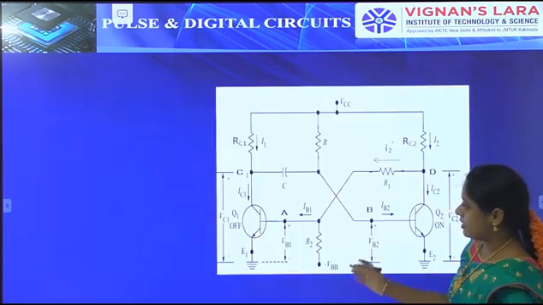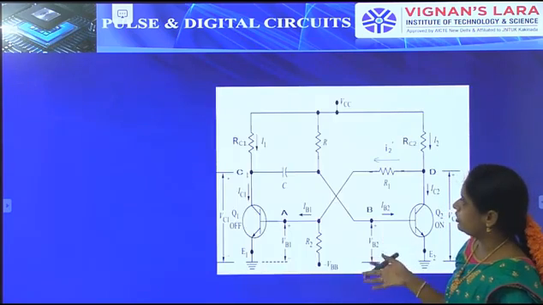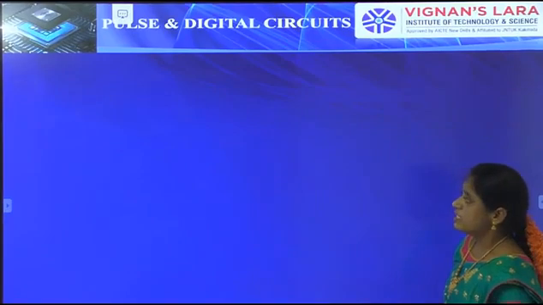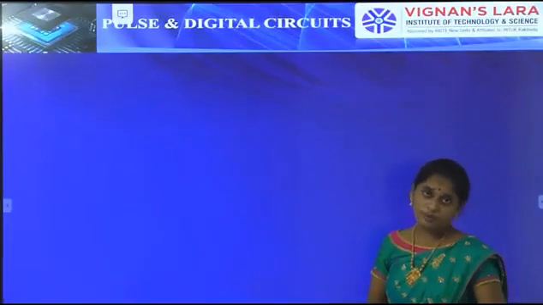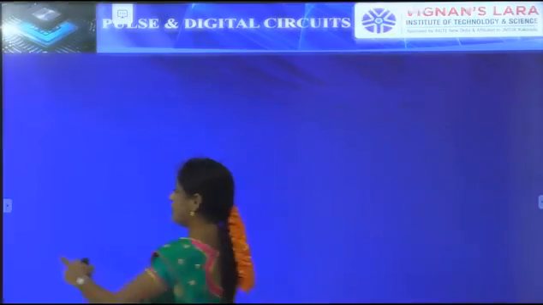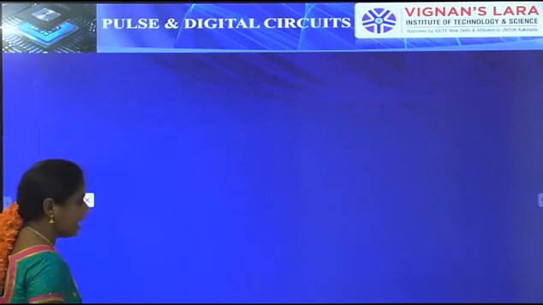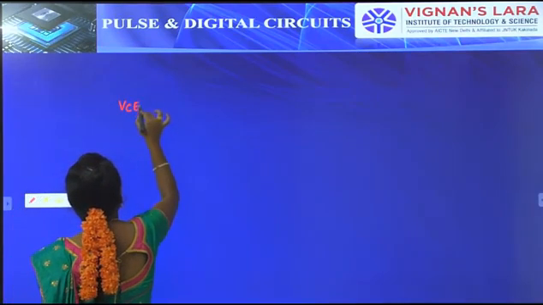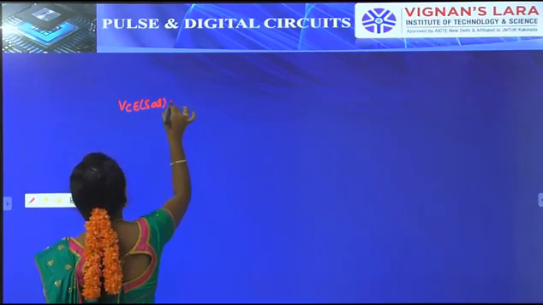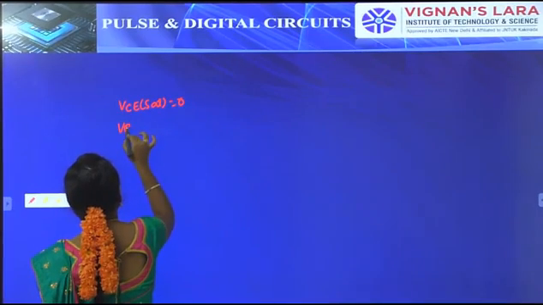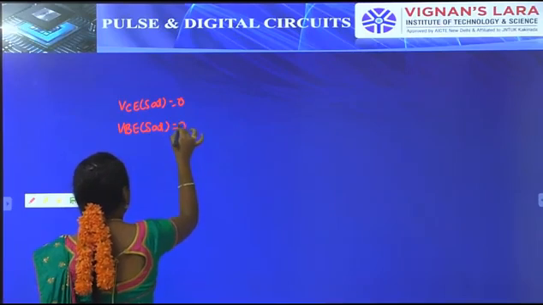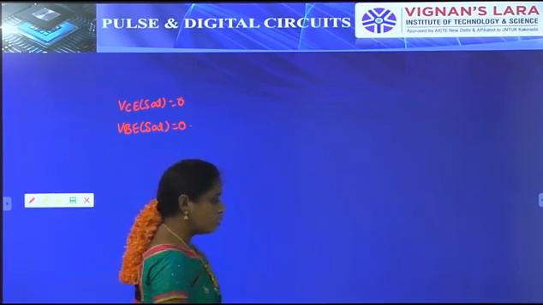This is the normal circuit diagram of the monostable multivibrator. Now we have to write down the given data. VCE saturation will be 0 and VBE saturation will also be 0.